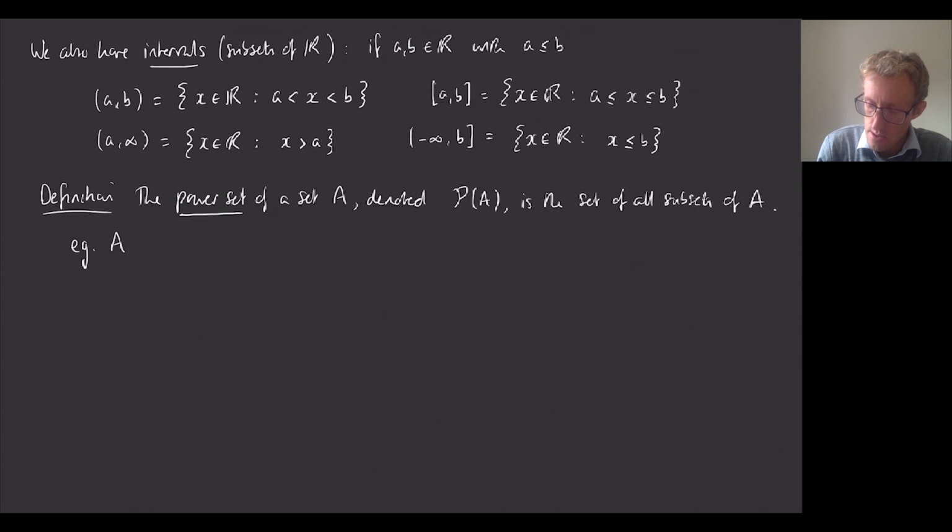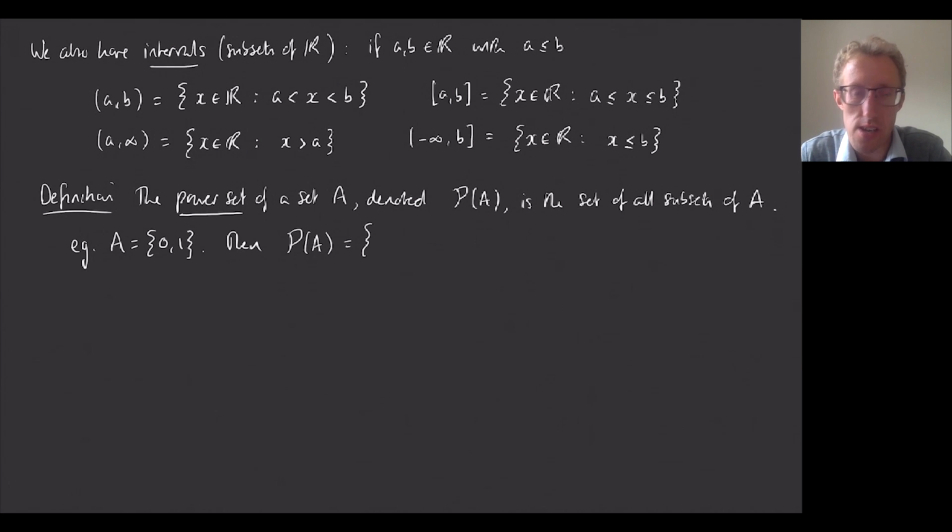So let's suppose A is the set containing 0 and 1. In that case, the power set of A is going to be a set containing subsets. So what are the subsets of A in this case? Well, one of them is the empty set. The empty set is a subset of all sets. We could also take a subset if we just take the 0 element, or if we just take the 1 element.